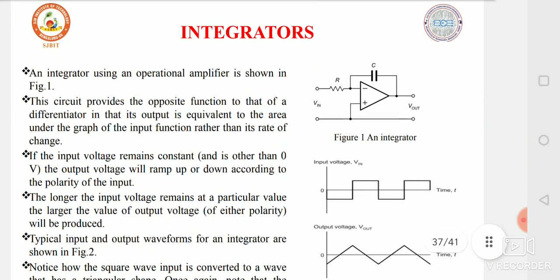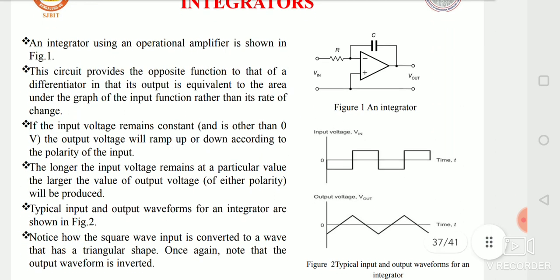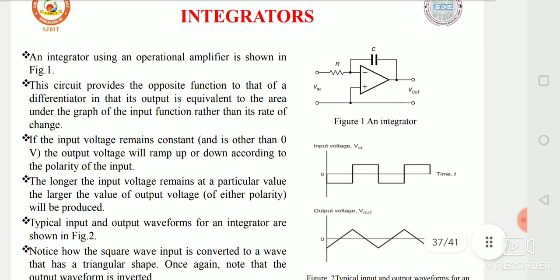So integrator: if the capacitor is connected as a feedback of an op amp and resistance is connected in this fashion, we will call this an integrator. So in order to produce a triangular wave from a square wave, we will use an op amp as an integrator.